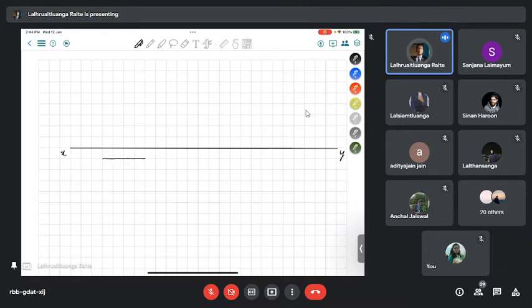So let it be like this. It's 40 mm. And it's a pyramid, not a prism, so it's going to have the apex or the tip.